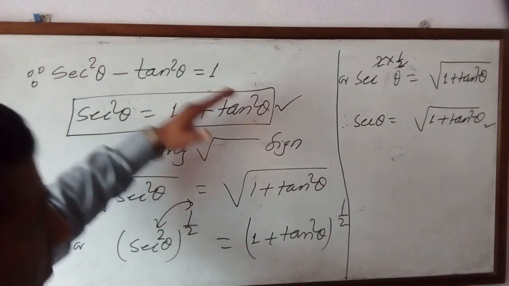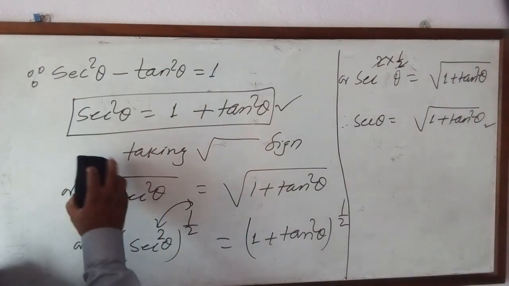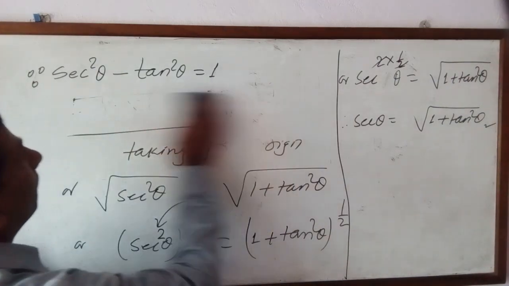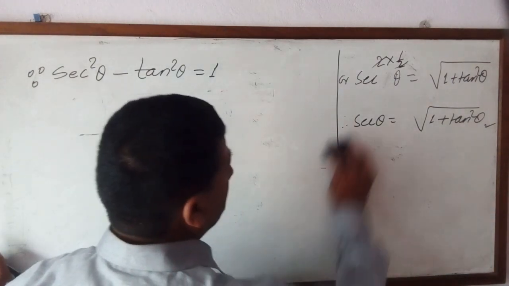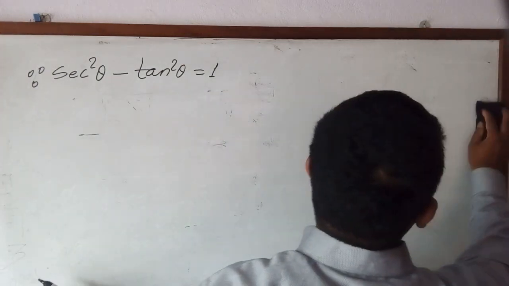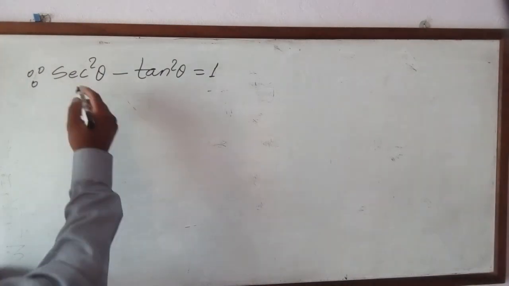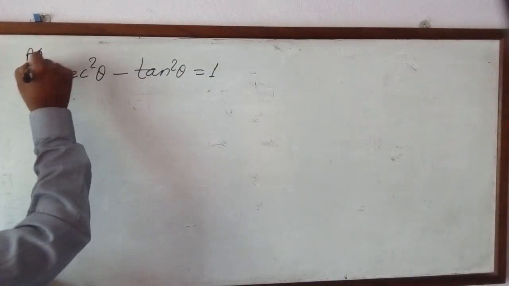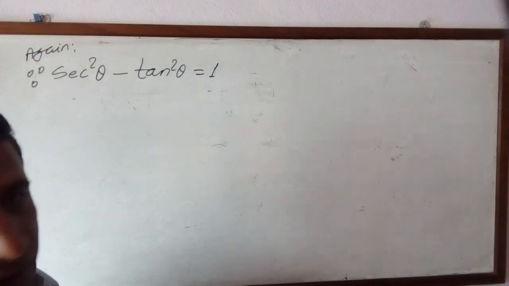Okay, similarly I'll go to the next. Tan square theta, just like this we can explain tan square theta also. Now I'll take this one. The same process you can apply. Since this equals 1, it is true, already we have proved.